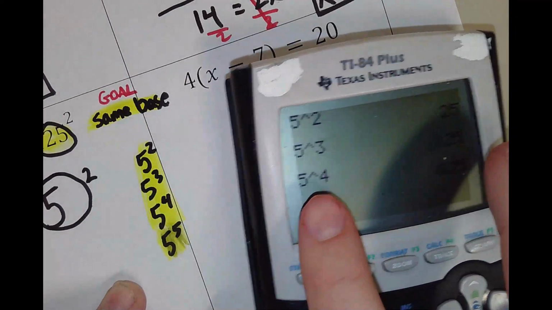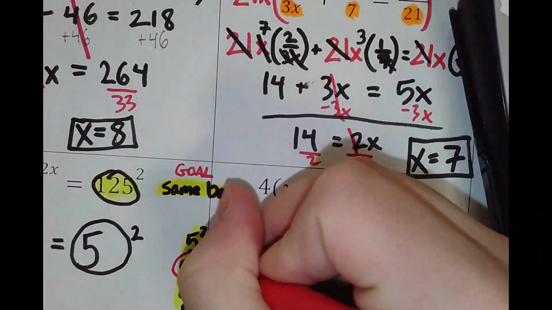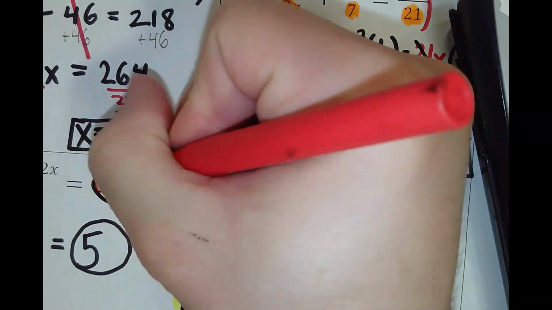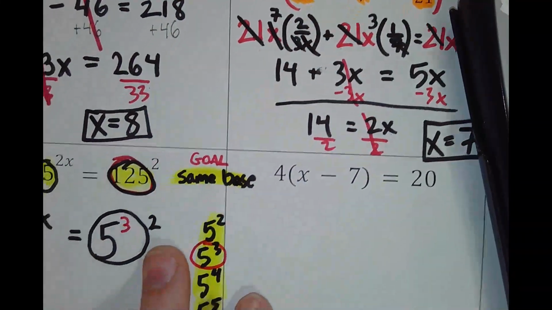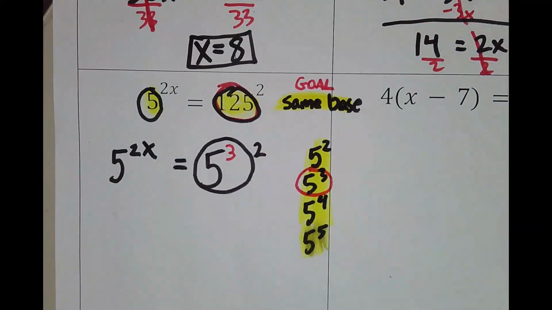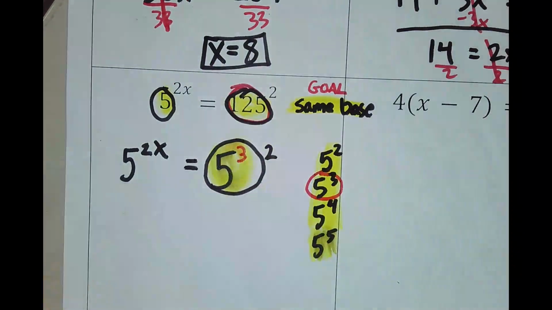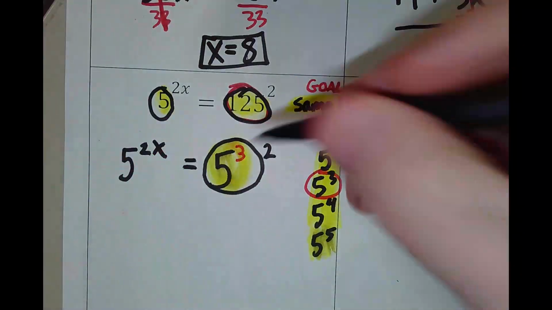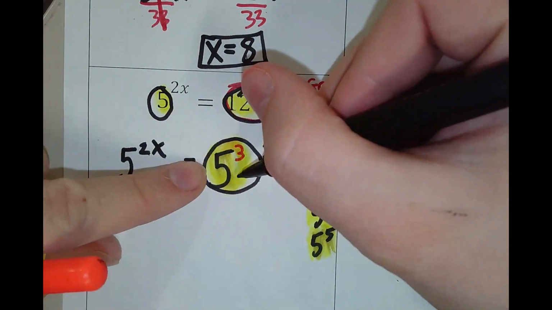So 5 to the power of 3 is the one that we need to rewrite this as. So 125 is 5 to the power of 3. Notice all we did is rewrite 125 as 5 to the power of 3.